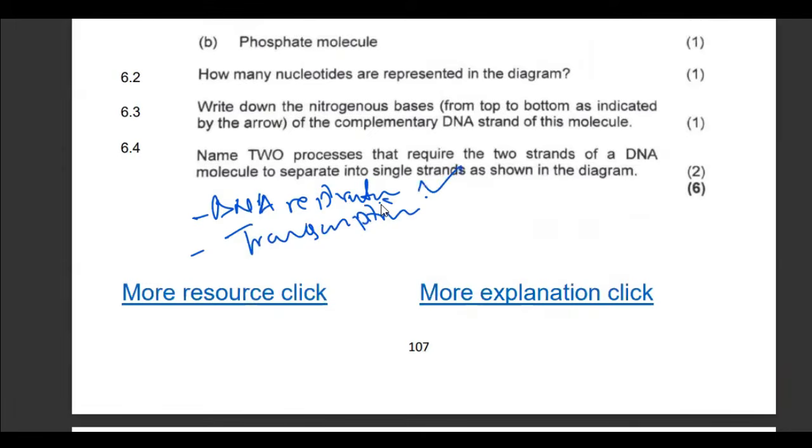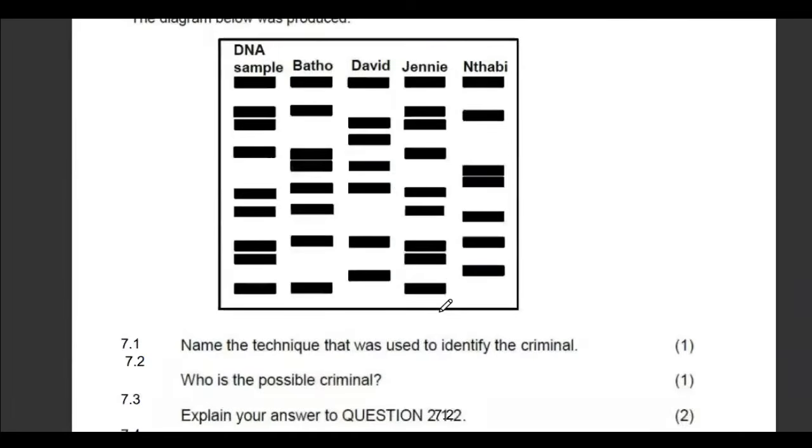Remember, in replication you form 2 separate strands, and each strand acts as a template, while in transcription only one strand will act as a template. So these are the 2 processes which make the DNA molecule open.